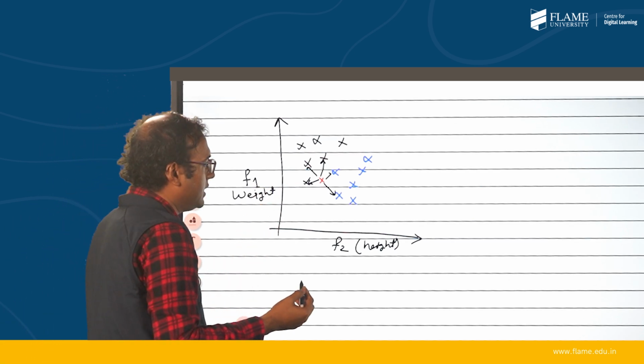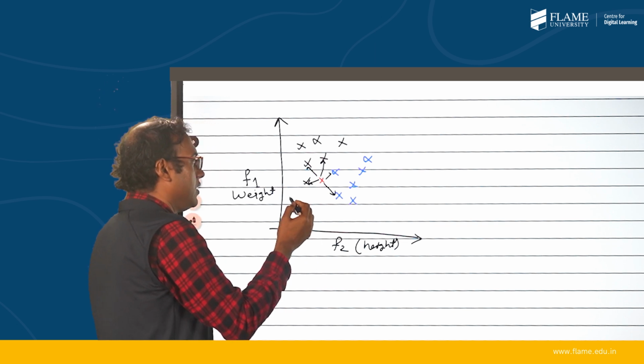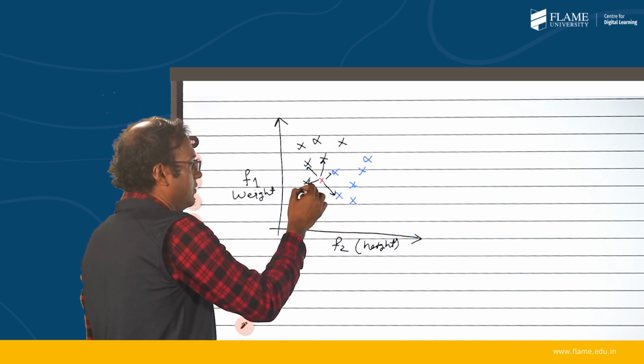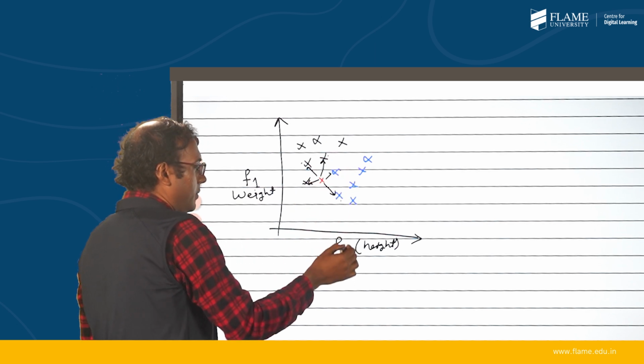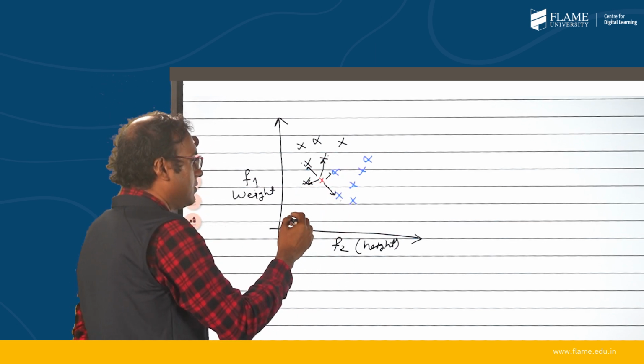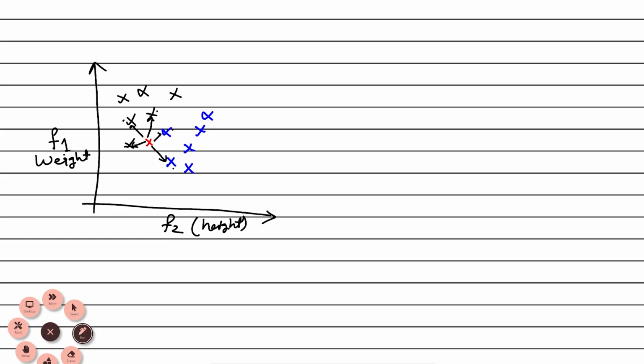In case of regression, we at first try to find out the value of these points. Let's say I am trying to find my BMI value. Maybe here the BMI value is 30, here maybe 29, here maybe 20, 21, 31. So in case of a regression type of problem, it will simply take the mean of these values.